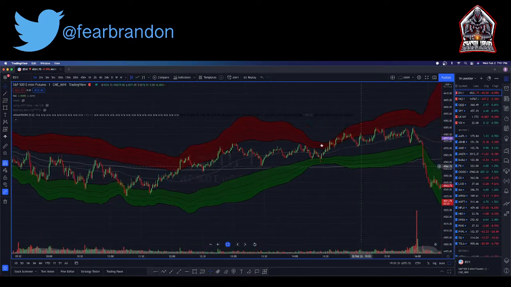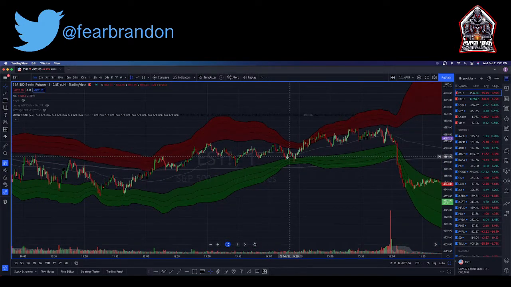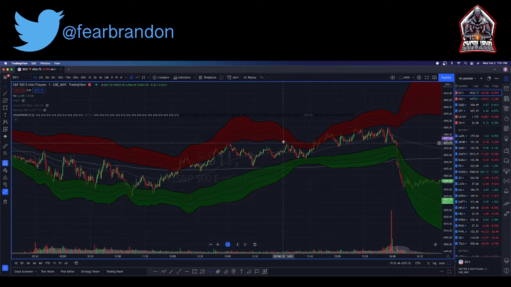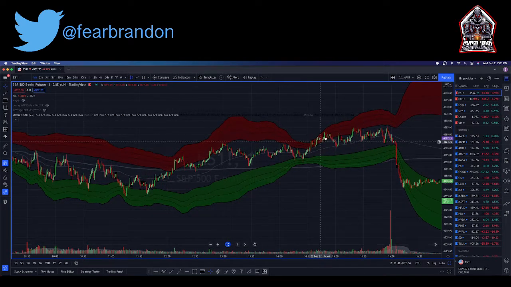This is definitely hard. You can tell we're 14, 12, 2. We started squeezing at 2, so that's when I was expecting the big move up. I saw the band squeezing a little bit and expected a big move up. We just had a big move up, and then we just dropped.